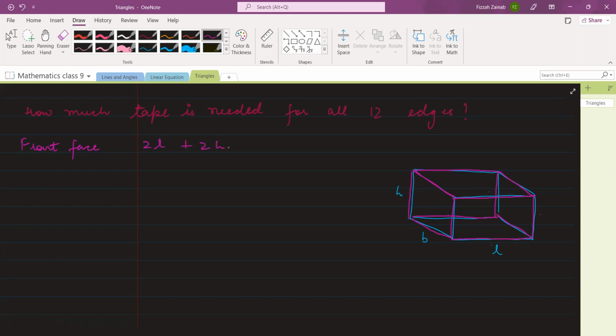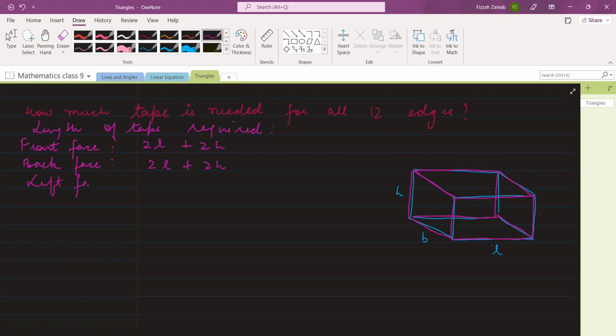This is the length of the tape required. You can write like this, length of tape required. So for the front face, 2L plus 2H, right? Is that clear? Yes, ma'am. Okay. And same for the back face, 2L plus 2H.